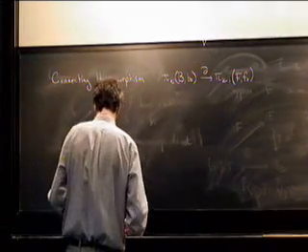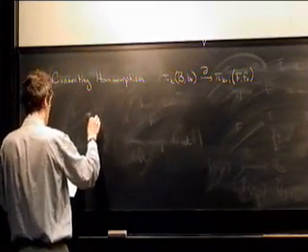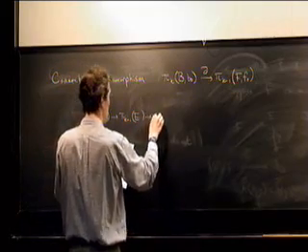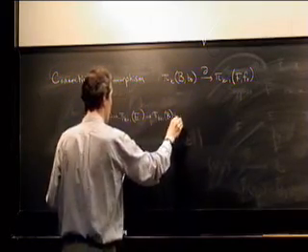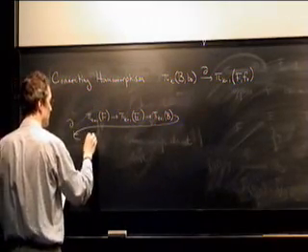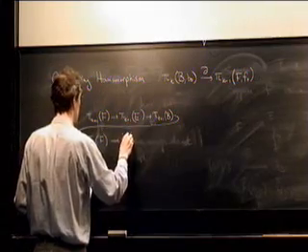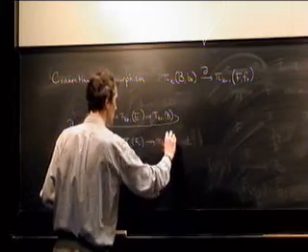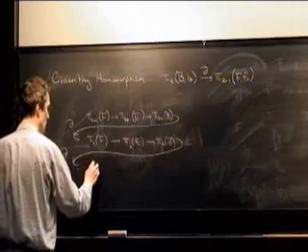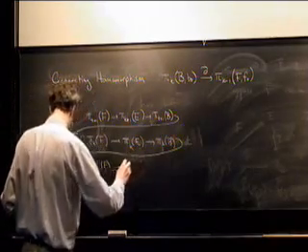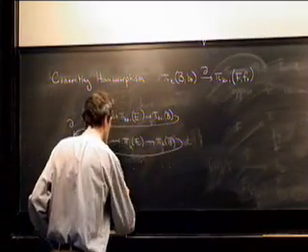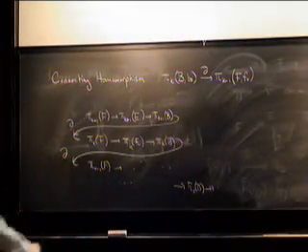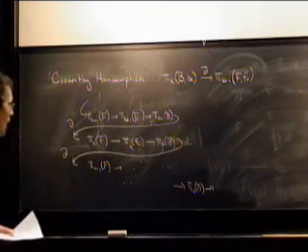And moreover, I claim that that connecting homomorphism allows us to have a long exact sequence. I'm dropping base points here just to save writing, but they should be in there. So now we have this connecting homomorphism: pi k plus 1 of B goes to pi k of F, goes to pi k of E, goes to pi k of B, goes to pi k minus 1 of F, etc., all the way down to pi naught of B.